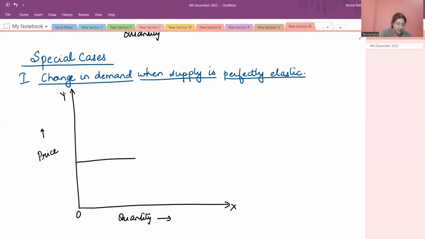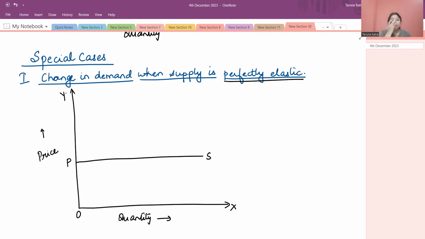That the supply curve is parallel to your x-axis. Perfectly elastic means that supply will keep increasing even if there is no or negligible change in price. That is, if there is even a small change in price, supply will change drastically.